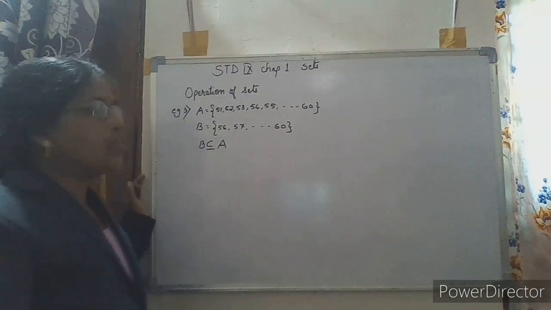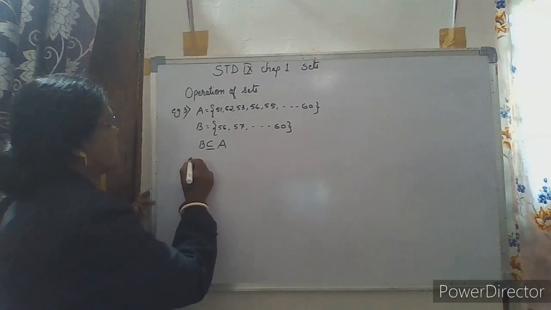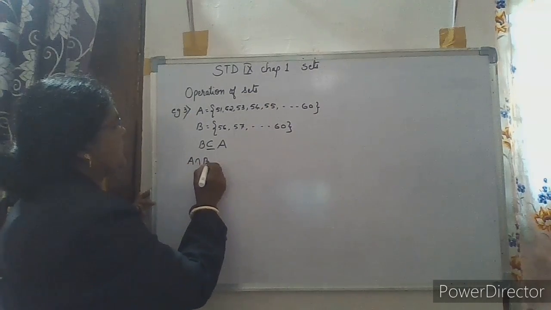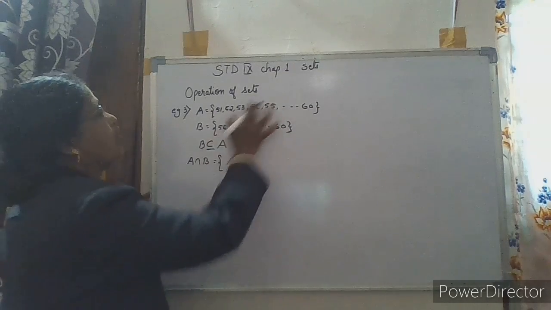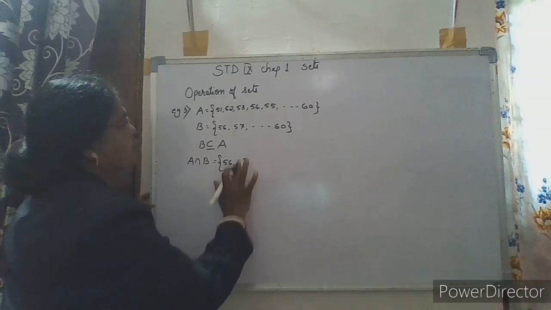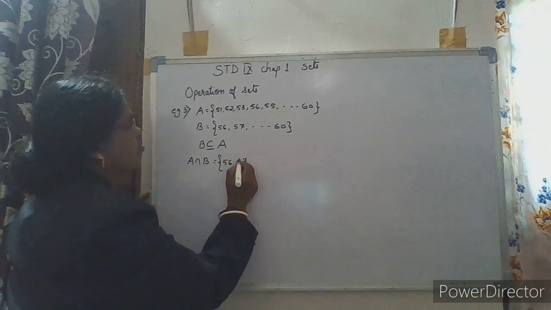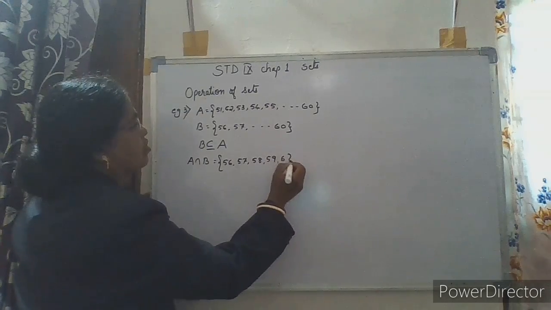When we have subsets in this way, then what is the intersection? A intersection B is equal to the common elements here: 56, 57, 58, 59, 60.